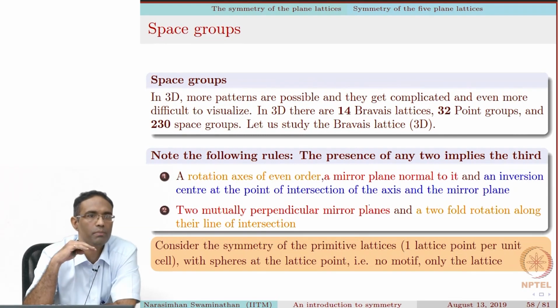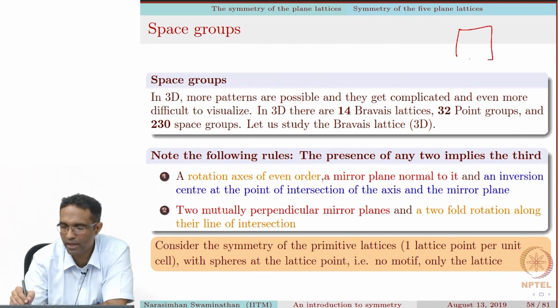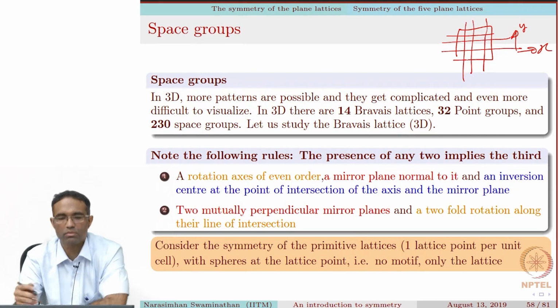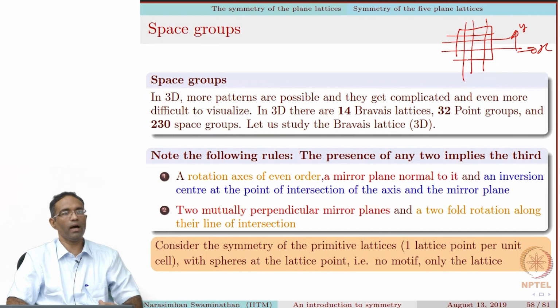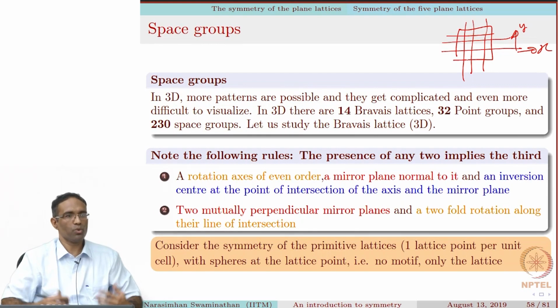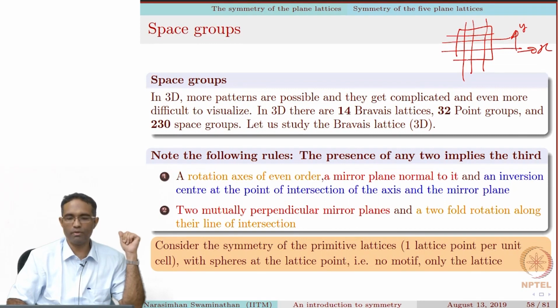For example, in the plane lattice, you had mirror planes which had either the y-axis or the x-axis as normal, right? Now in 3 dimensions, you can have mirror planes which have the z-axis as normal also. You can have rotations about one of the 3 axes instead of just the 2 axes, and so on. And you can have glide planes on all 3, with normals as either of the 3 axes, and we will have one more additional translational operator which we will see in a little bit.